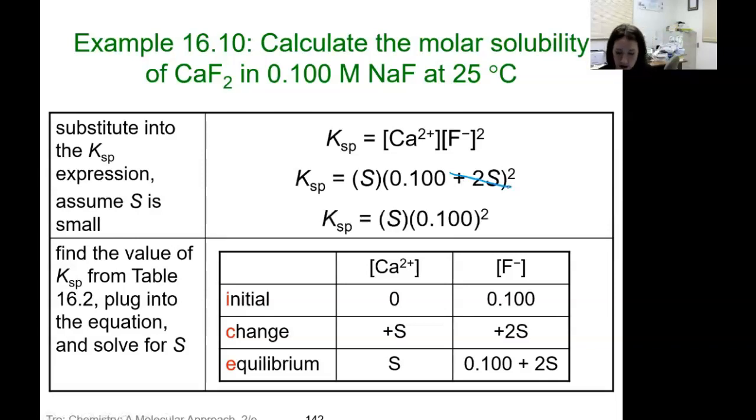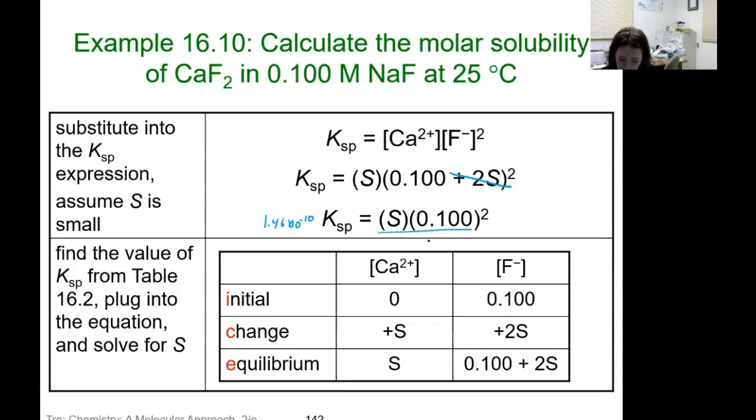So then it's just going to be 0.1 squared. And now again, the KSP would have to be given to you. In this case, it is 1.46 times 10 to the negative 10th.